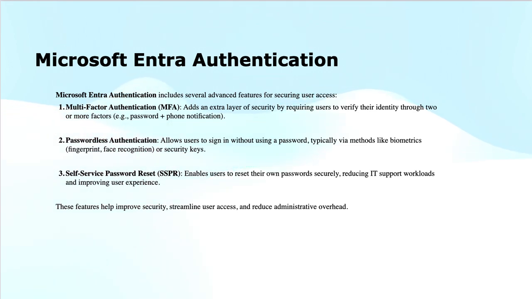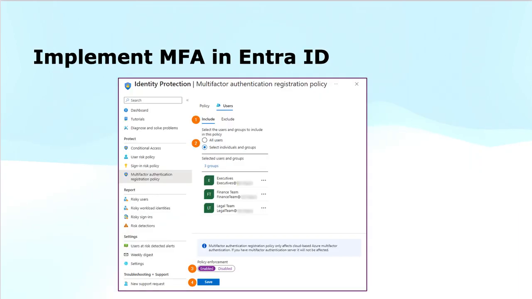For implementing the multi-factor authentication, we can leverage the conditional access policies, wherefrom we can control on what conditions, be it the particular application or a user or group condition, I want to enforce this multi-factor authentication. So we can create a conditional access policy to enable the Entra ID multi-factor authentication for the groups of users.